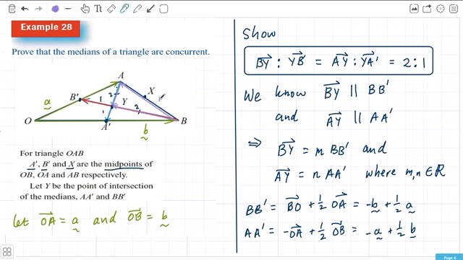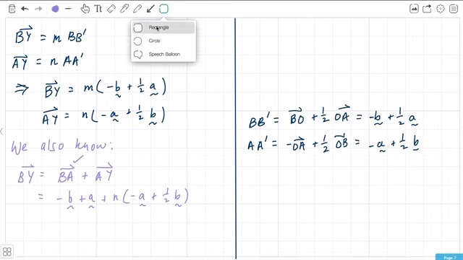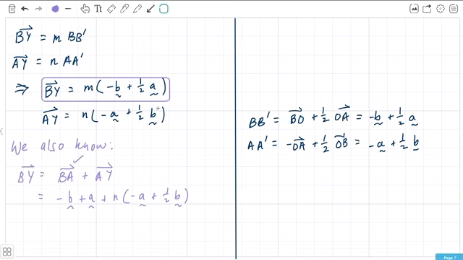BA is given as, we could go backwards along this vector, negative b, and we could go positively along the other vector a. So negative b plus a. So we've now got negative b plus a for this part, and AY, oh, check that out, we already know that. So that's n times negative a plus a half b. Okay, so we've got that expression. So now we know two expressions for BY, and I'm going to just put a circle around them. This one, and also this one here.